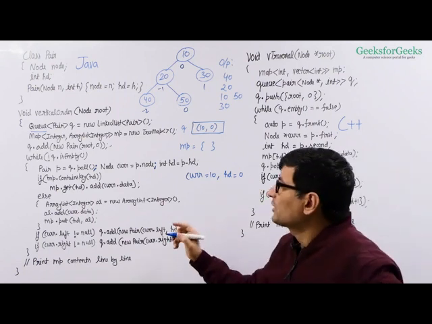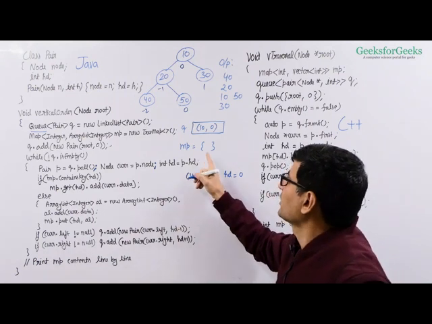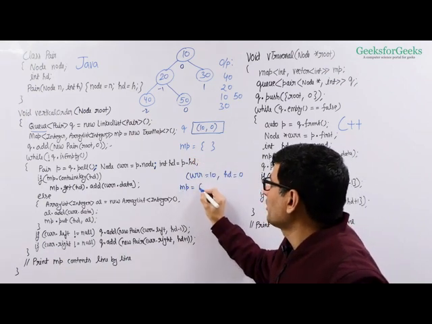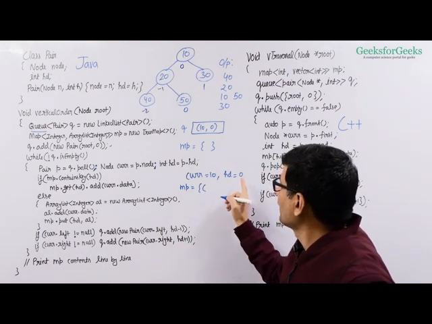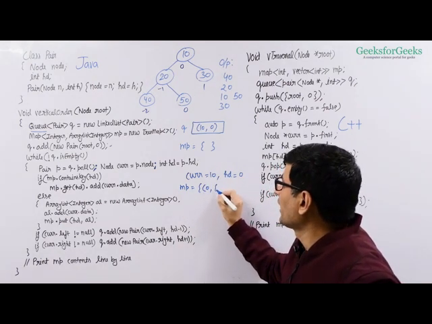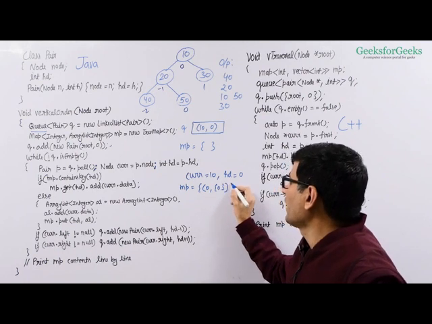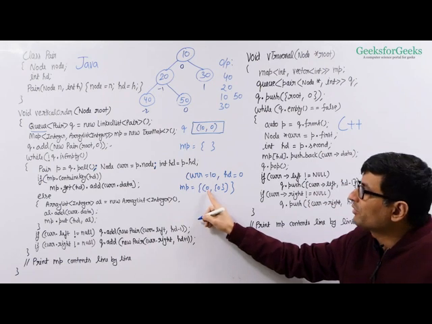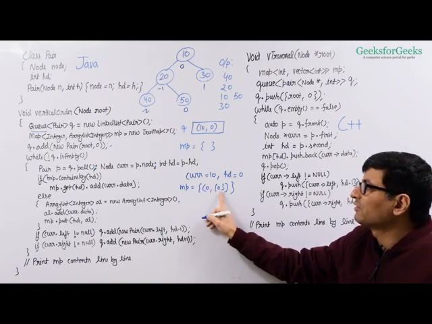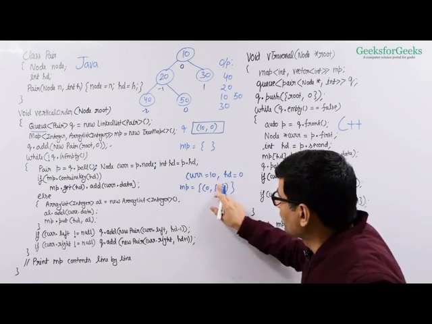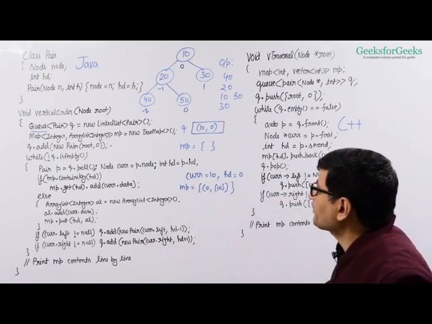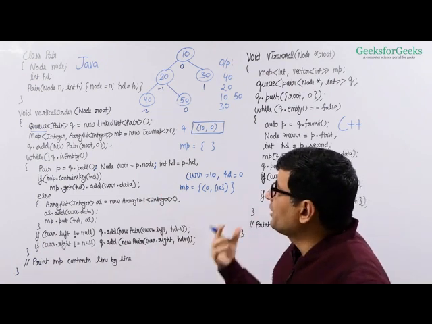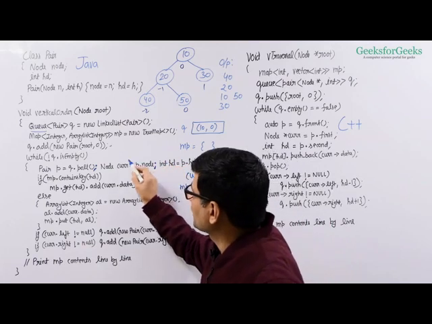Now, after doing this, we are checking if our map contains this value. Initially the map is empty, so the map does not contain it. So we are going to put a key-value pair in the map where the key is the horizontal distance and the value is an array list in Java and a vector in C++. Now we have one entry in the map, and this entry is for horizontal distance 0. It contains an array which contains 10. This is all processing of the extracted key.